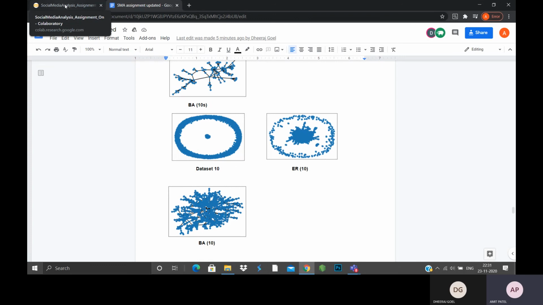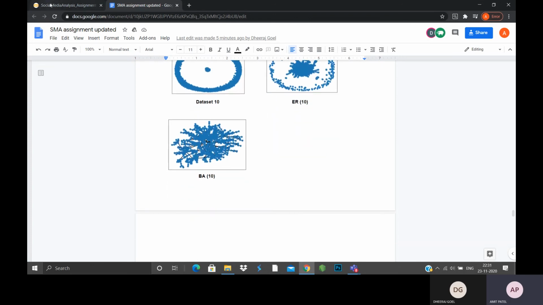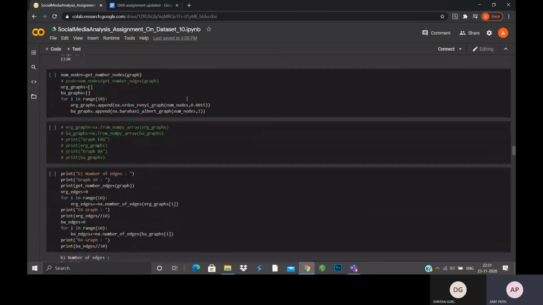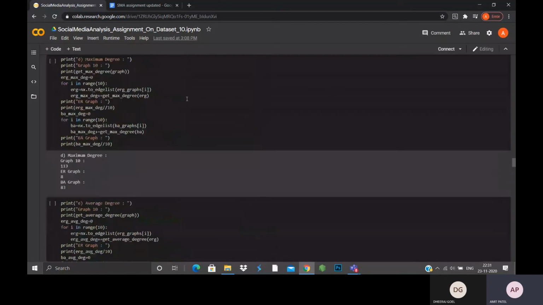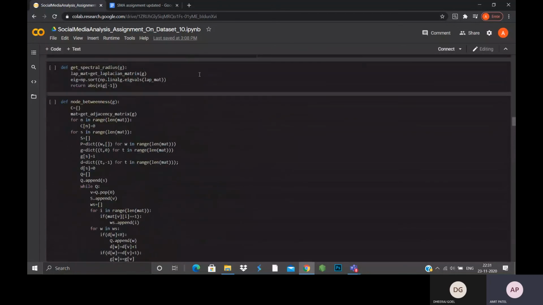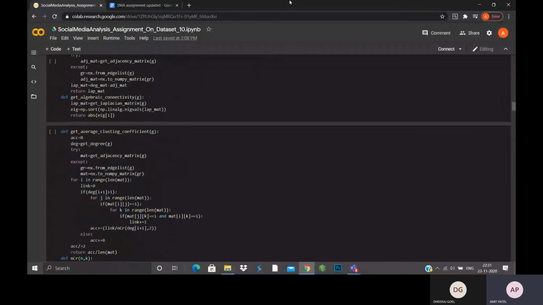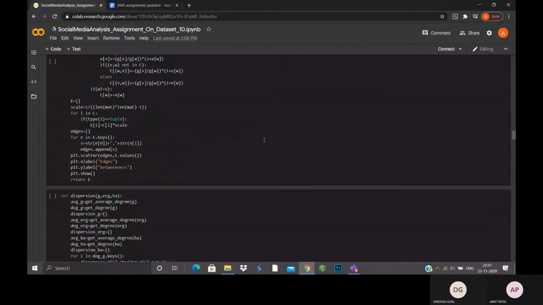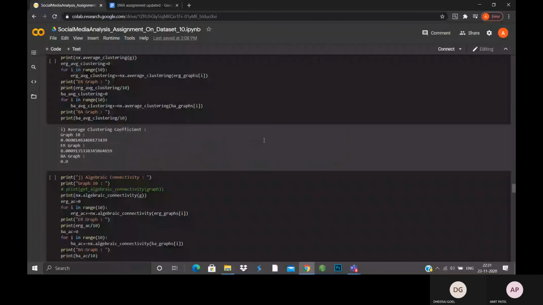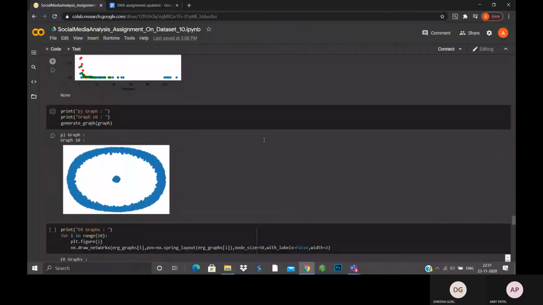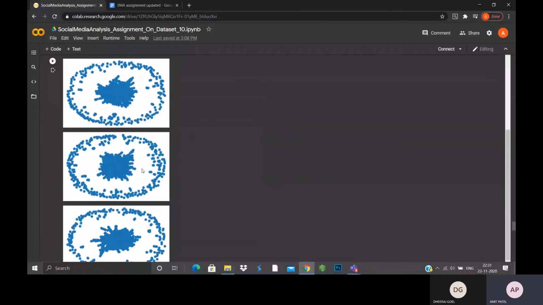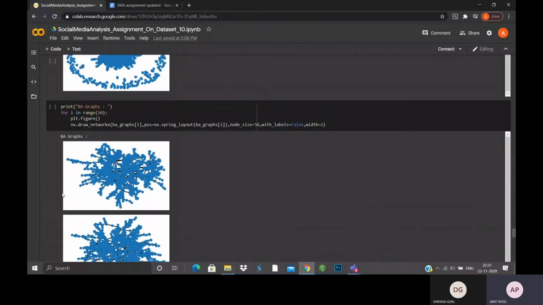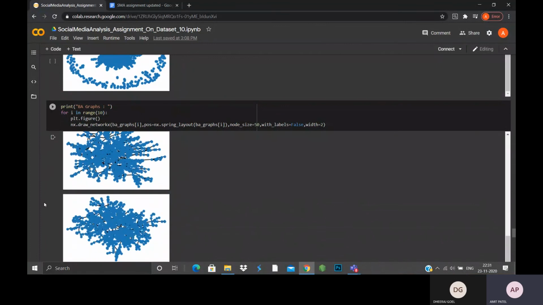As Dheeraj also said, we compared these models with 10 different graphs, and as you can see here in our code, iterations are done for these graphs to be generated, and Dheeraj has already shown you. So for the ER graph, these are the 10 ER graphs, and later for the comparison, the 10 BA graphs are like this.